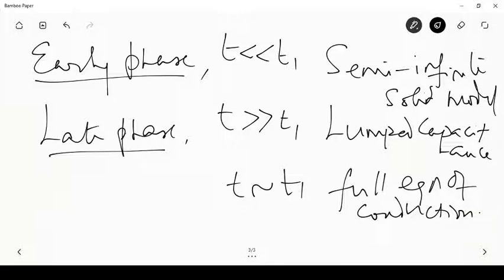So these are the three regions that normally we would look at: the early phase, the late phase, and the intermediate range, where the time is of the order of the characteristic time for the body. Now let us go back and try to estimate what this time t1 would be by doing an order of magnitude analysis on the governing equation for the particular problem that we are looking at.